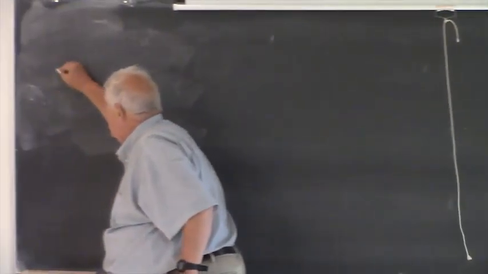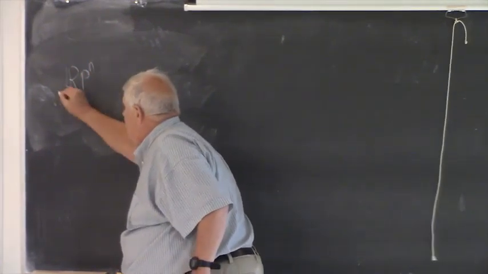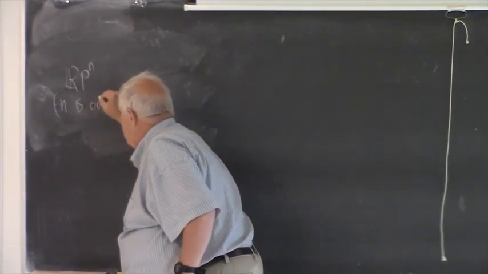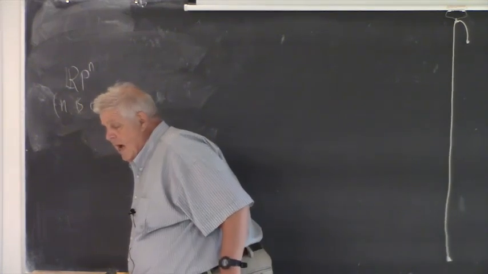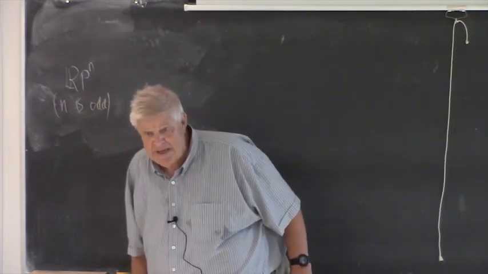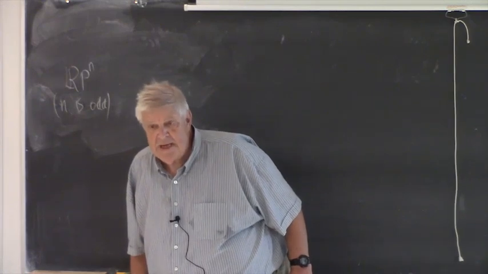RP^n, and n is odd. It will be important at some moment, not immediately. I'm going to prove that it is orientable. For this purpose, I consider charts.